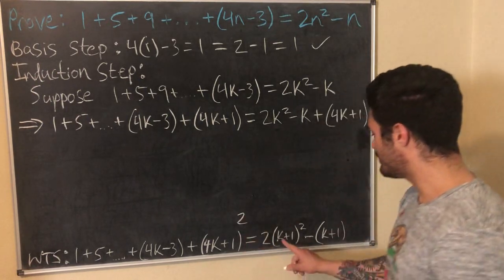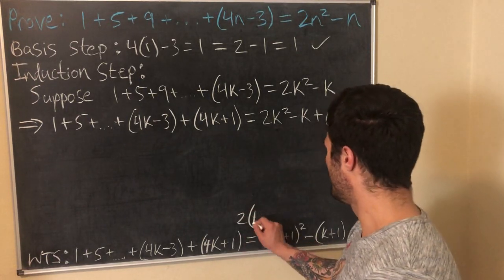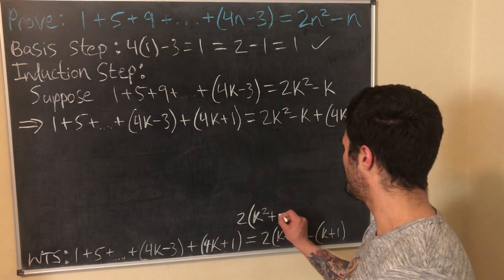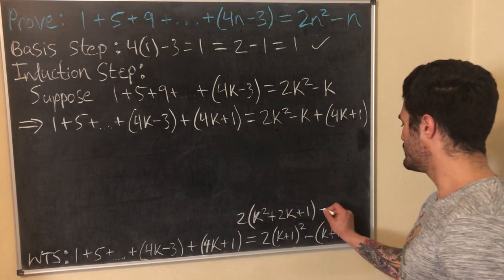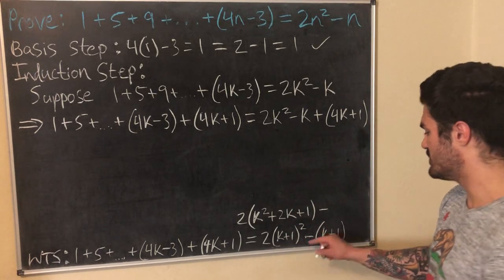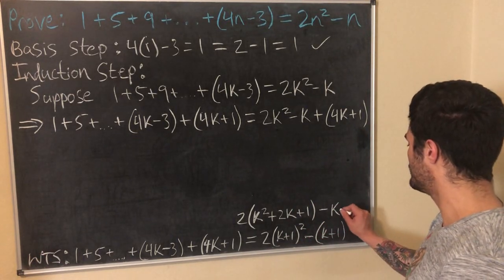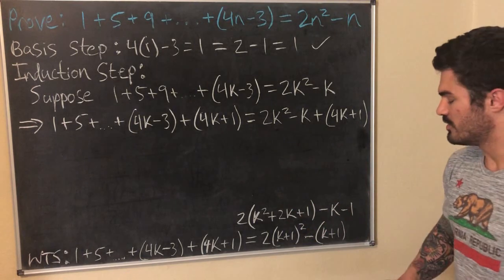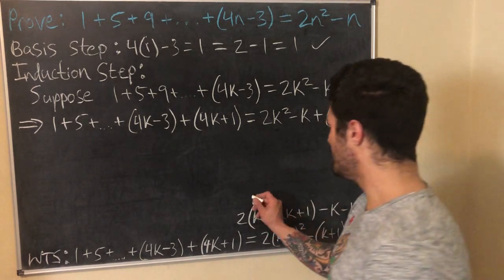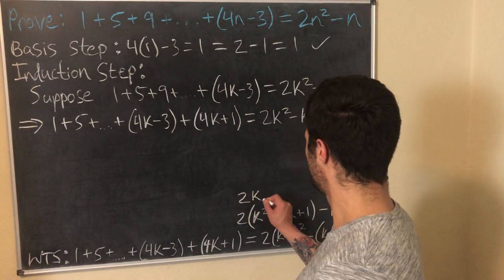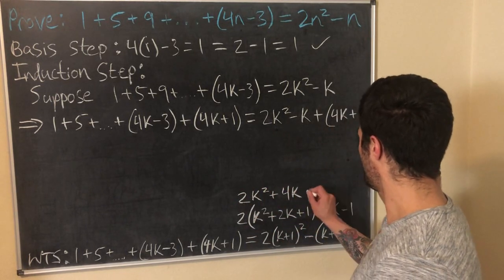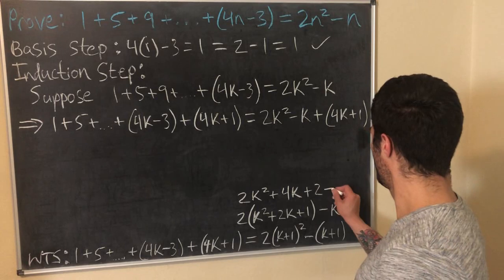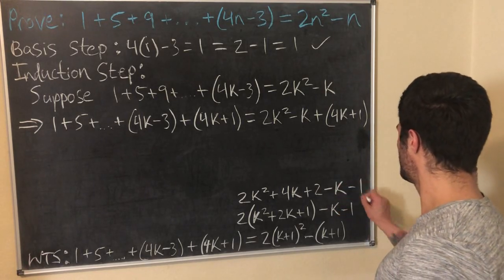I can multiply out this k plus 1 squared, and what I get is k squared plus 2k plus 1. And this is minus, and I'll just get rid of these parentheses, so I've got to distribute that negative. Minus k minus 1, right? So now let's distribute this 2 in here. 2k squared plus 4k plus 2 minus k minus 1.